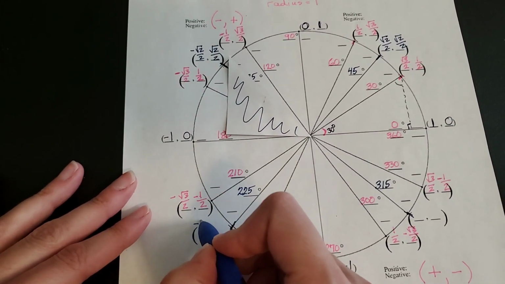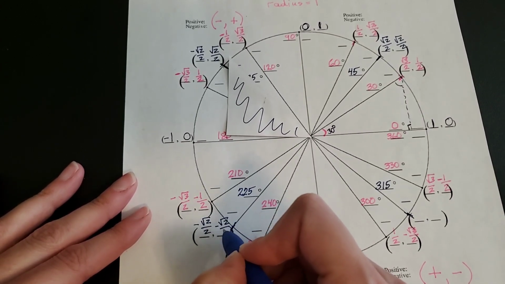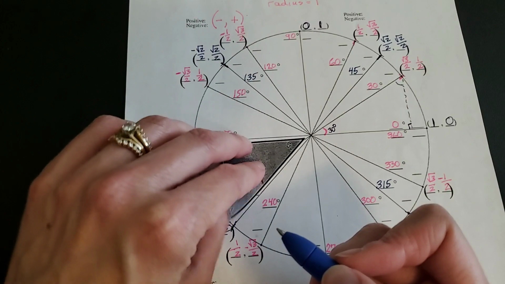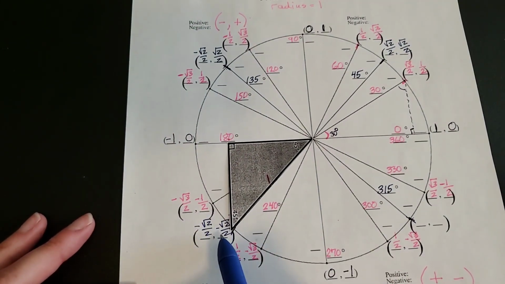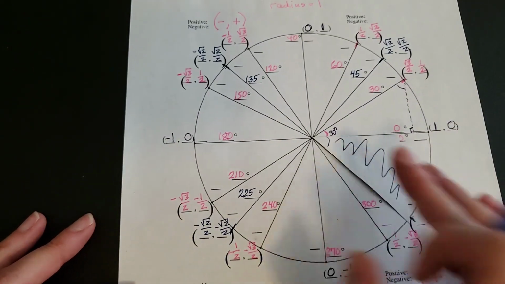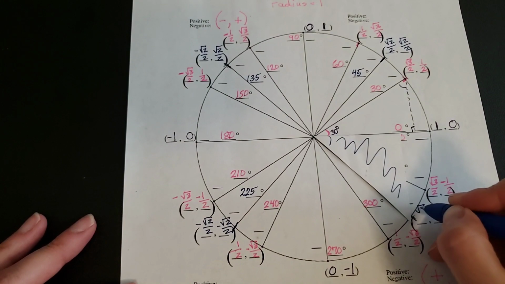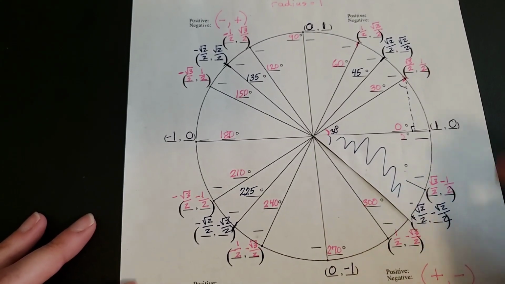And in quadrant 3, flipping that down, those side lengths are the same. Both of them are negative here in quadrant 3. And finally, our last one. Here we have root 2 over 2, negative root 2 over 2.